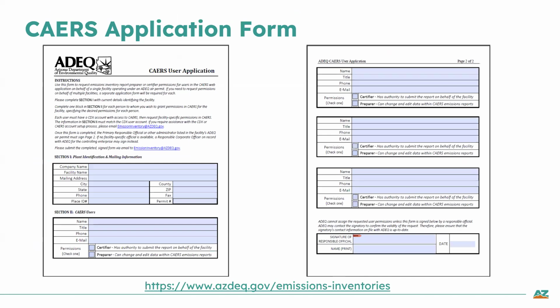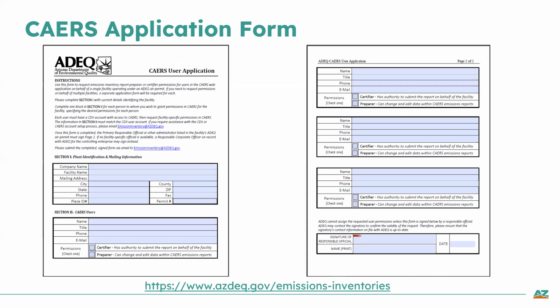Now I'll end this presentation by going over the process of adding a new user to your facility in CAERS. The first step is to send us a CAERS user application form. A copy of this application form can be downloaded on our emissions inventory website.